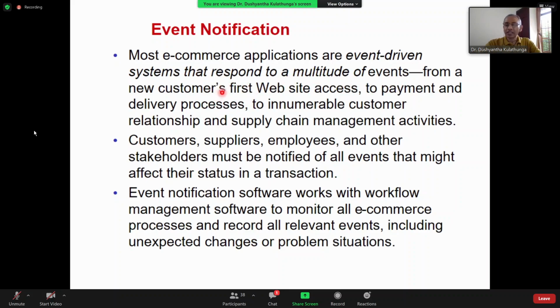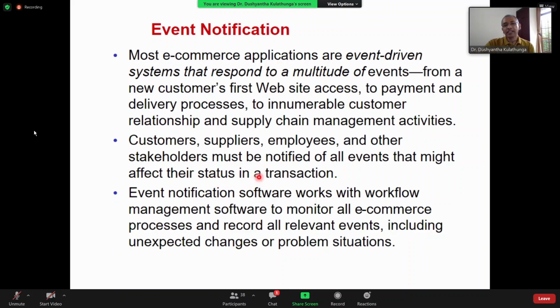So what did you ask? What was the question? As an example, if the product is dispatched, we can take it as an event. Yes, it is communicated to the customer. Yes, the product is dispatched from the warehouse, that is an event. So when it is dispatched, the status of the transaction is changed.